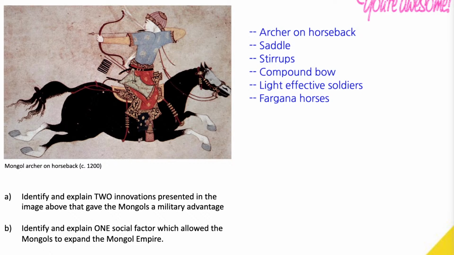But that's what they have. These are the Fergana horses that are really well equipped for this type of warfare. The Mongols, of course, had more than one horse. They would take like 3 horses to battle per mounted warrior, so they could change out horses easily as well.